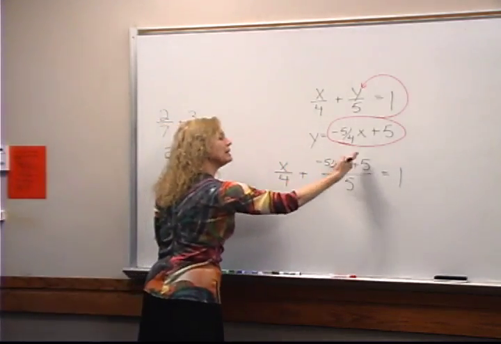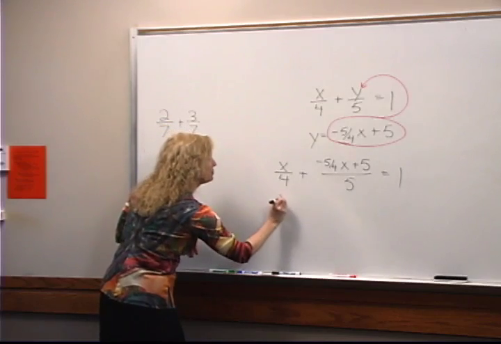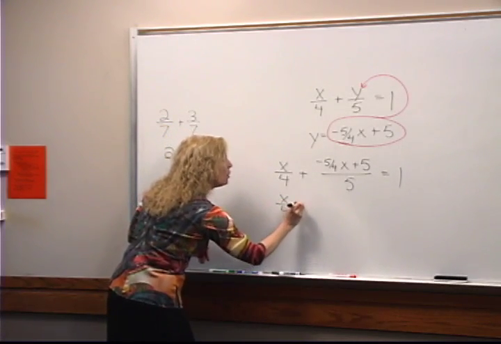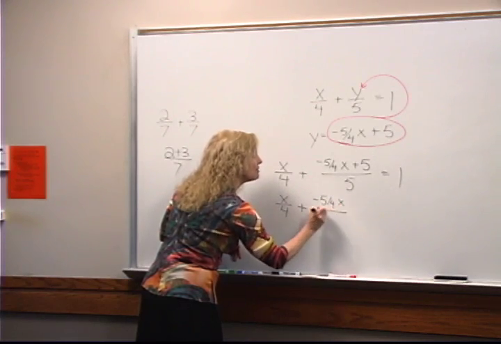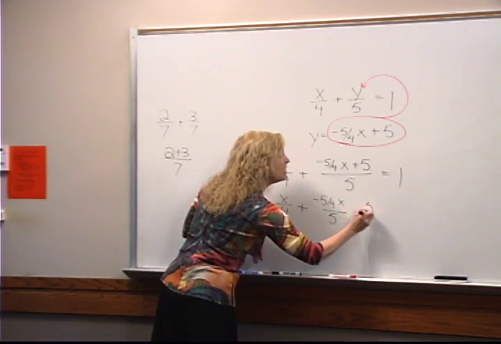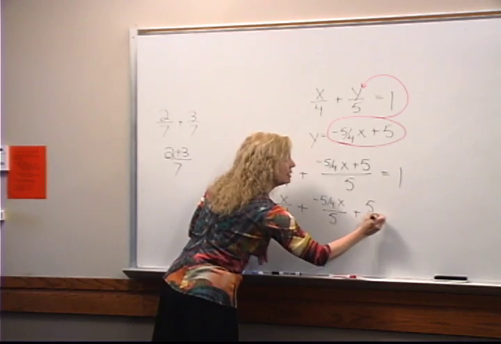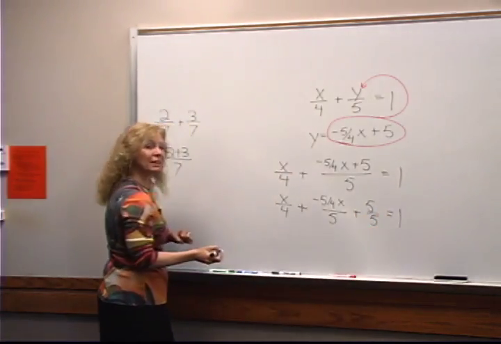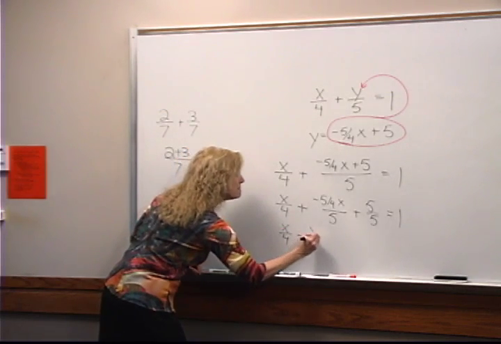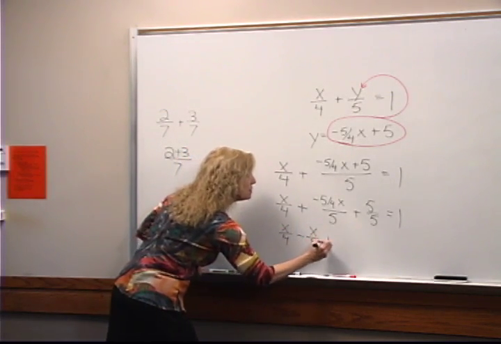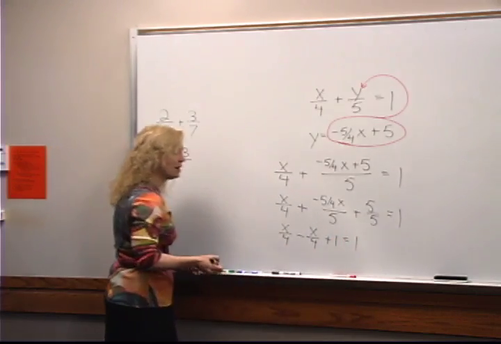I can split up that fraction. And I get x over 4 plus (-5/4 x) over 5 plus 5 over 5 is equal to 1. Then if we simplify, we get x over 4 minus x over 4 plus 1 equals 1.